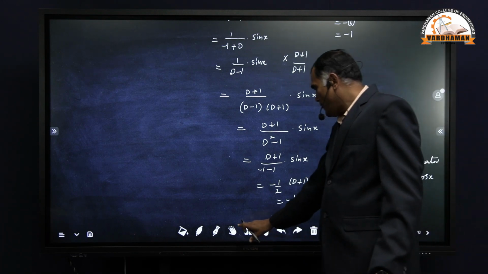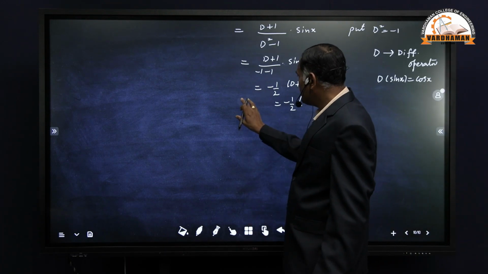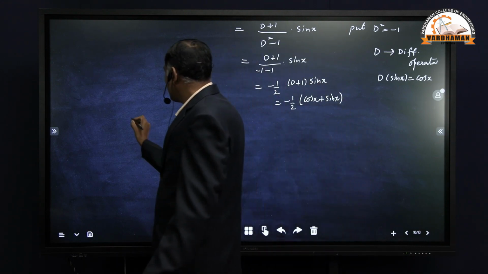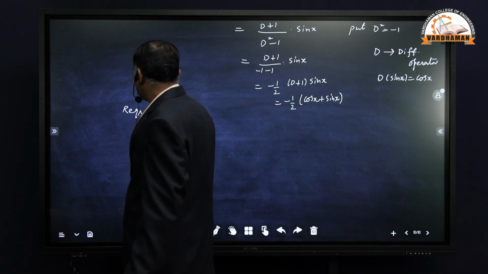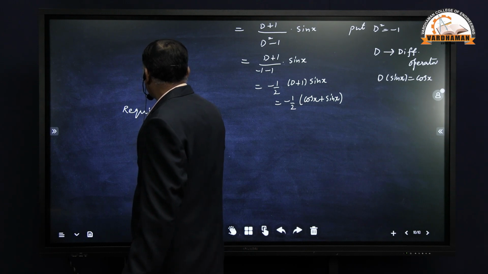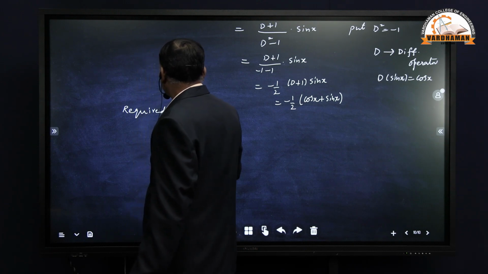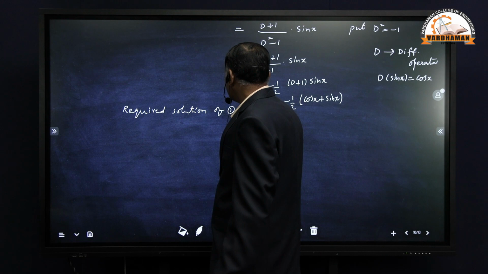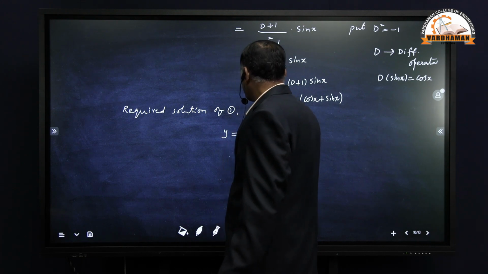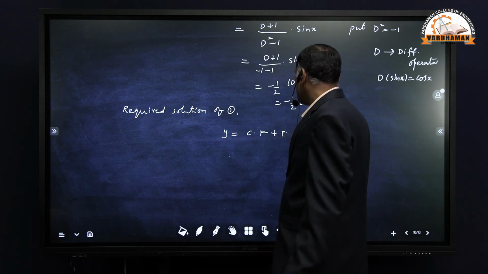So finally we write the required solution of the problem as complementary function plus particular integral.